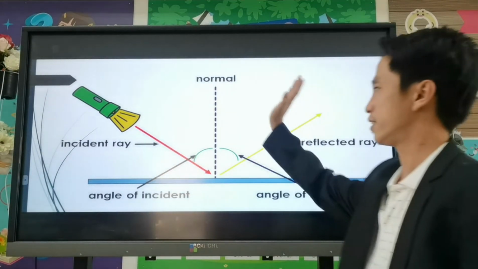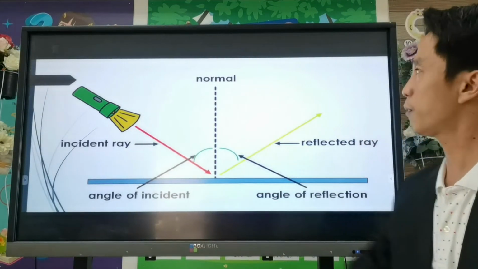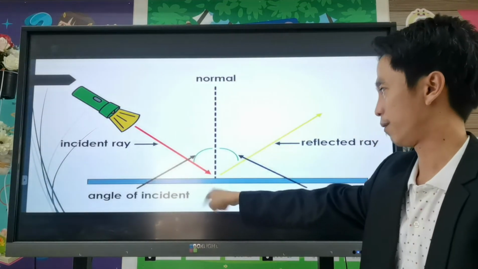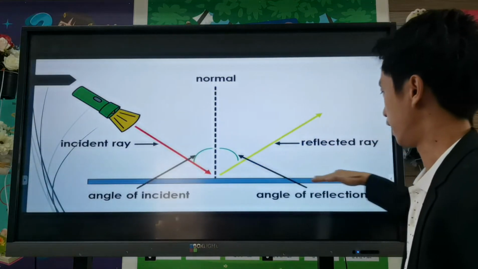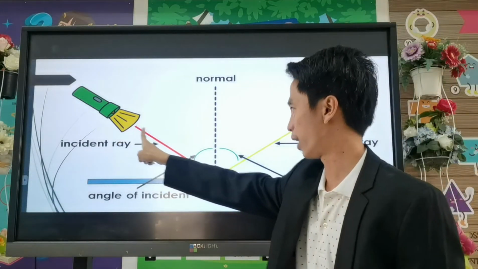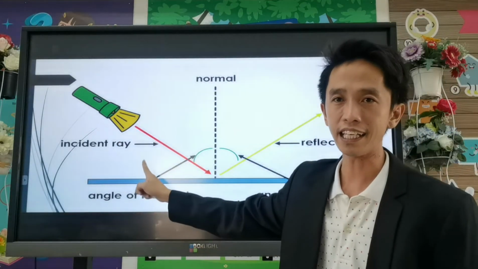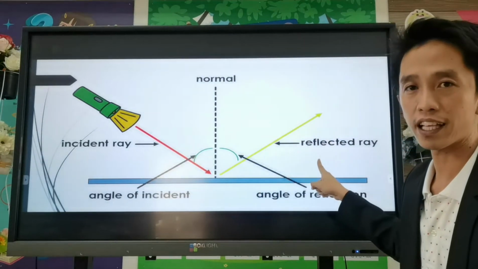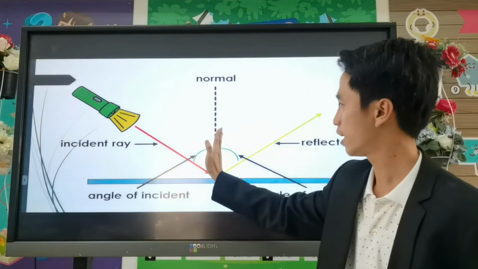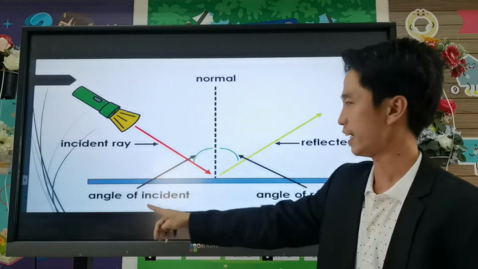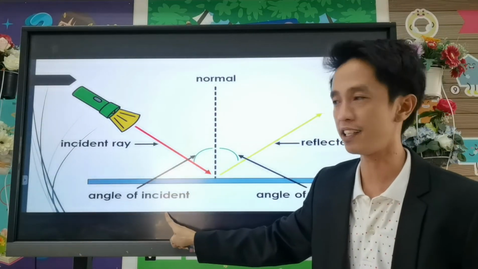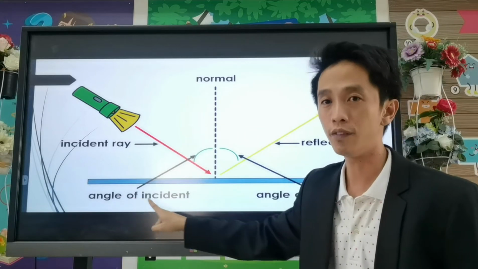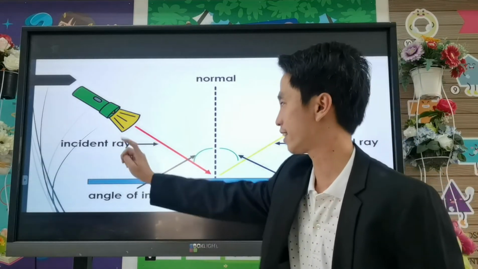Again, let's say the words on the screen. Normal, this is the normal. This is the base. Okay, the red line is called incident ray, and the yellow line is called reflected ray. Okay, this angle is angle of incident, from the word incident.